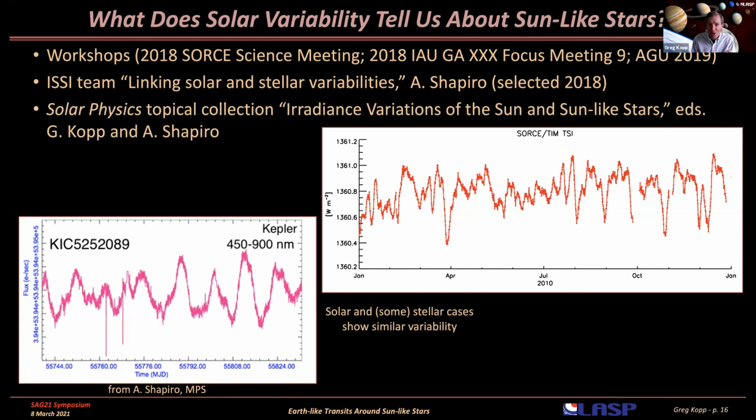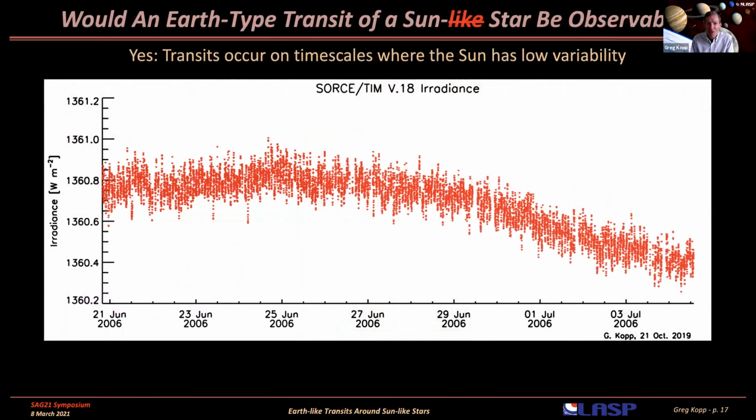We've had several workshops that have talked about similarities between the sun and sun-like stars and shown how similar some stars can be to the sun. So even though initially you might look at the sun and say, boy, it'd be awfully hard to find a transit across that disk with all the spatial inhomogeneities that the sun shows and the temporal inhomogeneities, it is actually, like we now know, very doable.